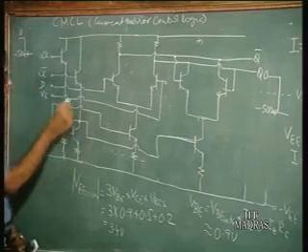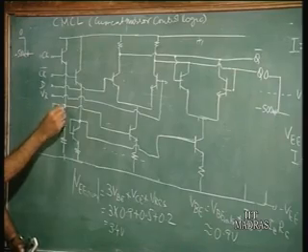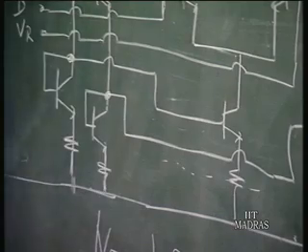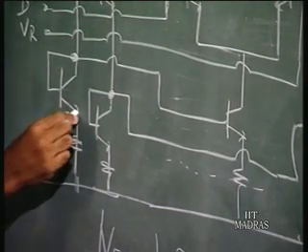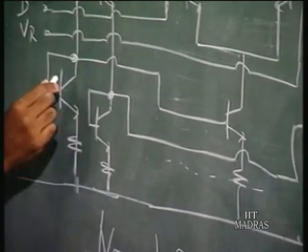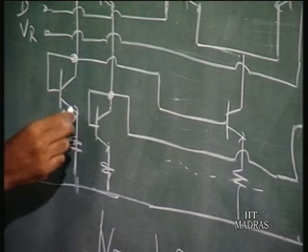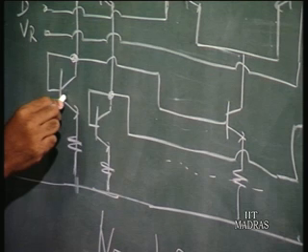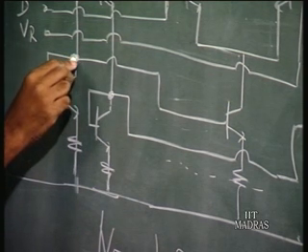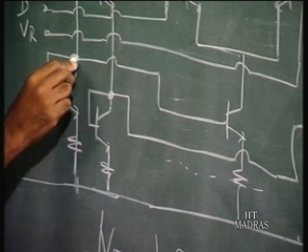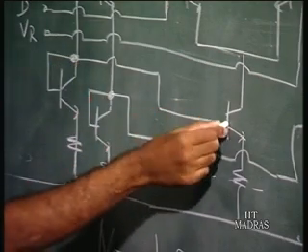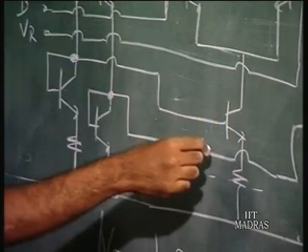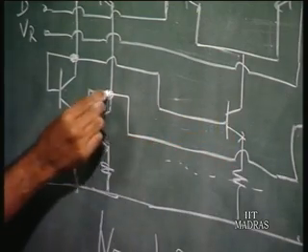Now, you see, this is the current mirror arrangement. This transistor and this transistor, and this is another current mirror arrangement. Basically you have a diode configuration here, the collector and base are shorted, and whatever current is flowing here. If this transistor is on, the voltage here is going to be high, which would mean that this transistor's VBE will be high and it is going to be on.